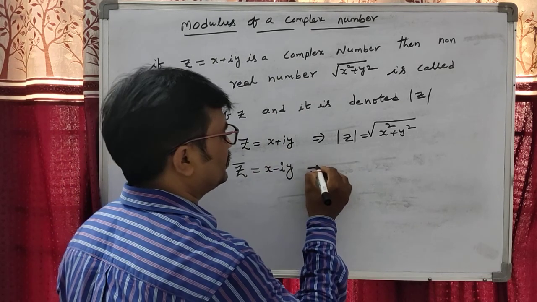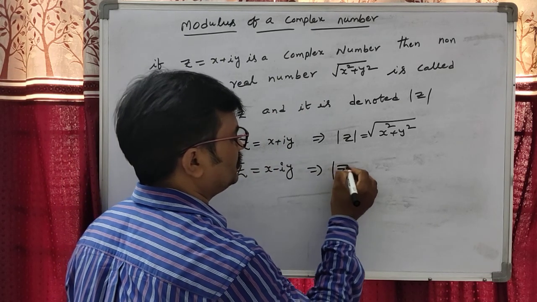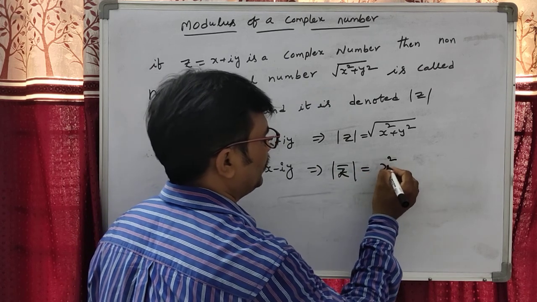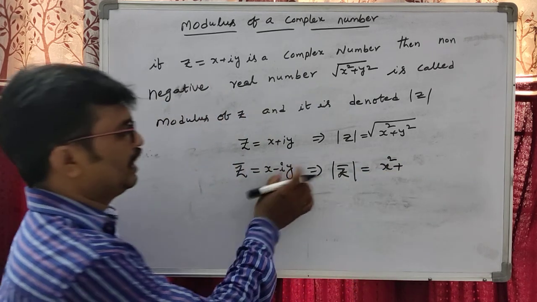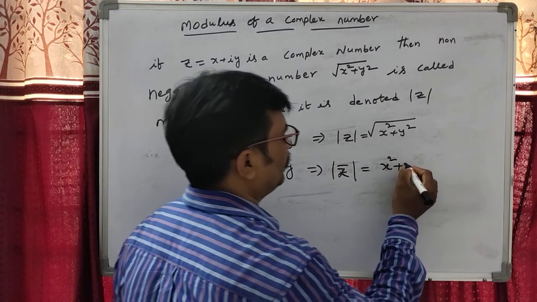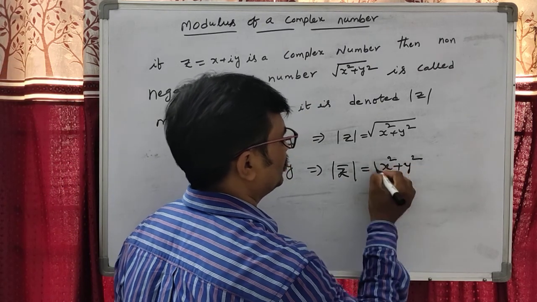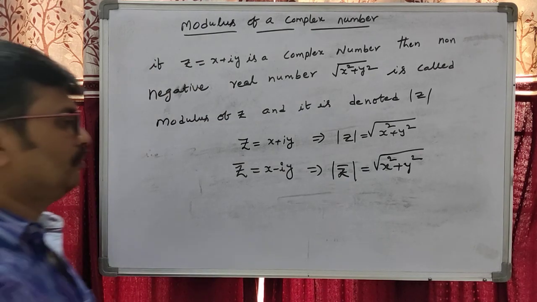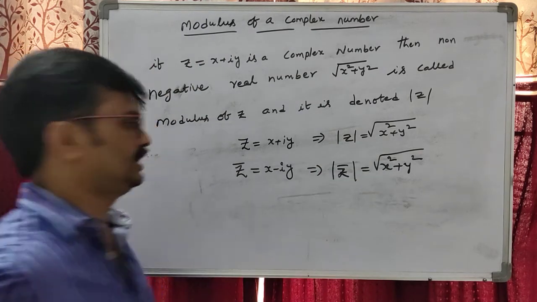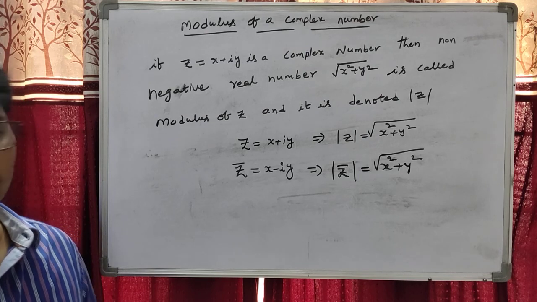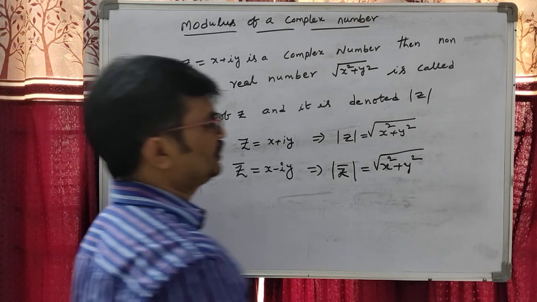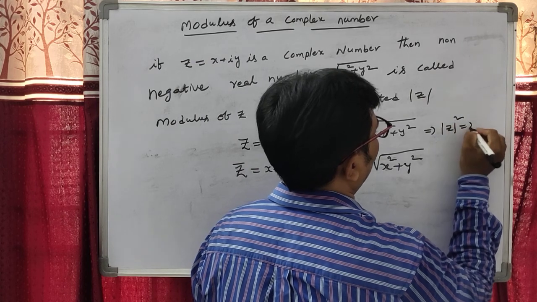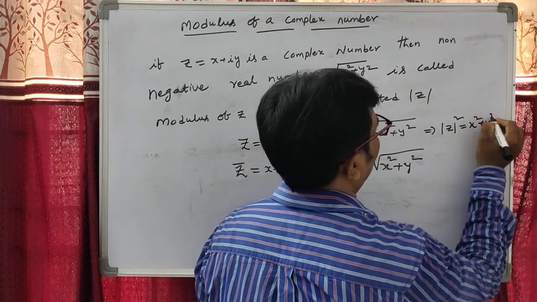Therefore, the modulus of z bar is also root of x square plus minus y whole square, which is y square. What we observe, students, is that mod z bar equals mod z. Also, mod z whole square equals x square plus y square.